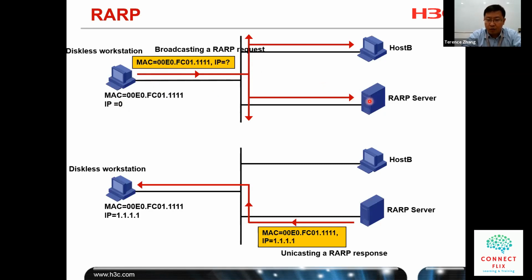On this RARP server, we have configured an IP address for this MAC, for example 1.1.1.1. So the RARP server will unicast a RARP response to this host, which we call a diskless workstation. The workstation will then be assigned this IP address and work in the network. This is what RARP does.